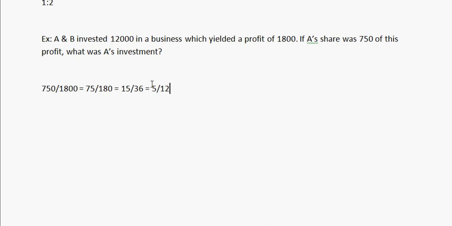So this is the share of A. So if total profit was 12, 5 parts are given to A. So ratio of A and B would be 5:7, right? This is A:B. Now we can easily find A's investment. It would be 5/12 into 12,000, which is 5,000. So that's the investment of A.